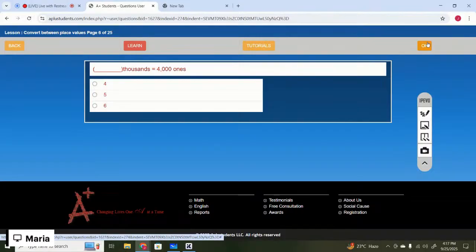4,000 ones equal how many thousands? That equals 4,000.